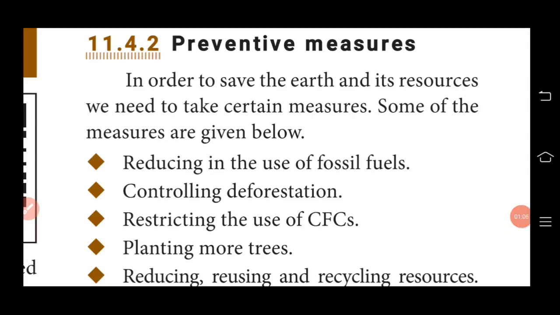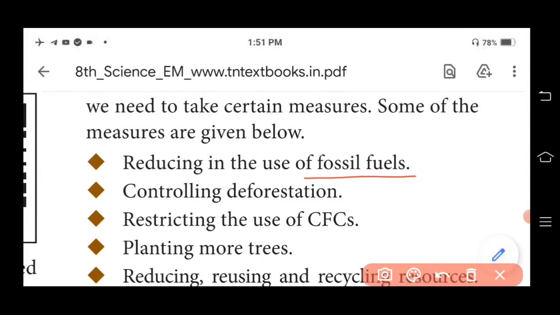And then the next one is preventive measures. Students, in order to save our Earth, we have to reduce the use of fossil fuels like coal and petroleum, and control deforestation, so you have to avoid the cutting of trees.